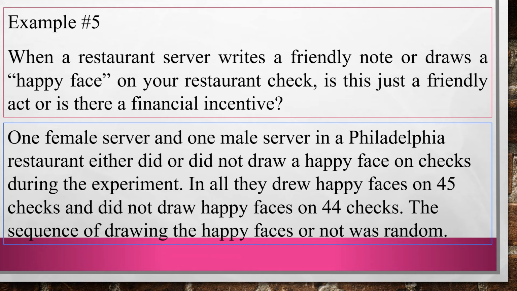One female server and one male server in a Philadelphia restaurant either did or did not draw a happy face on checks during the experiment. In all, they drew happy faces on 45 checks and did not draw happy faces on 44 checks. The sequence of drawing the happy faces or not was random.